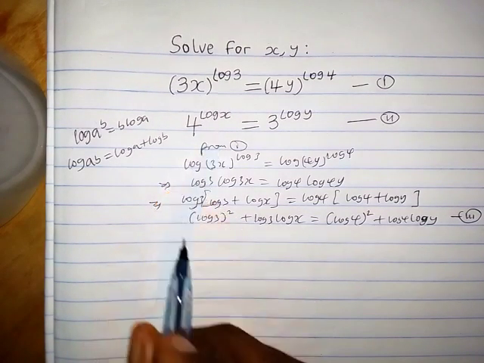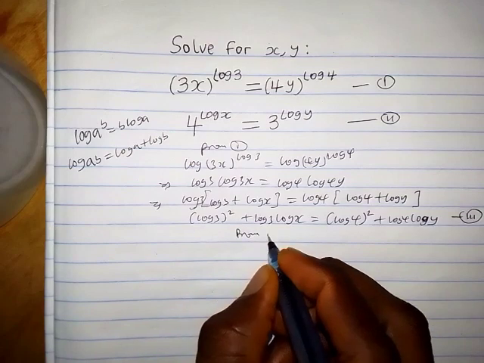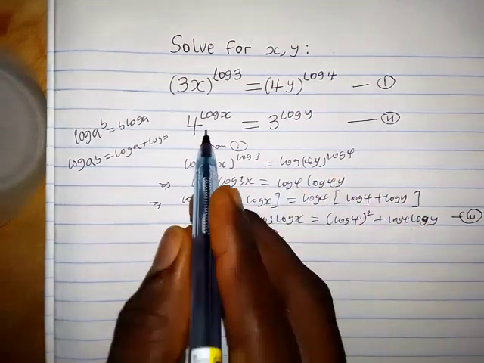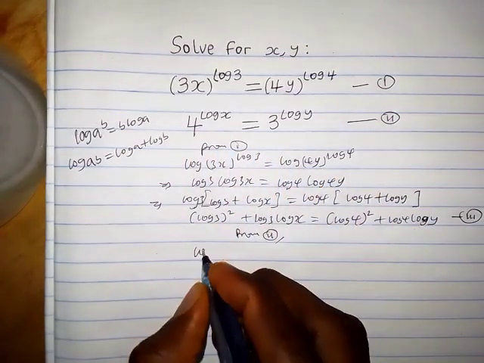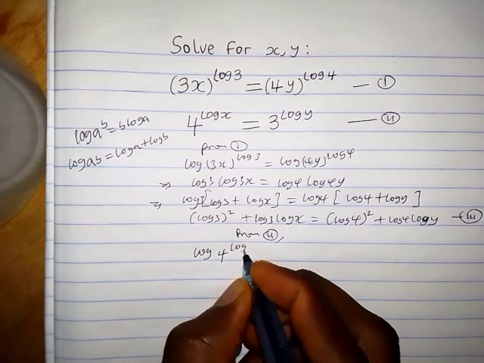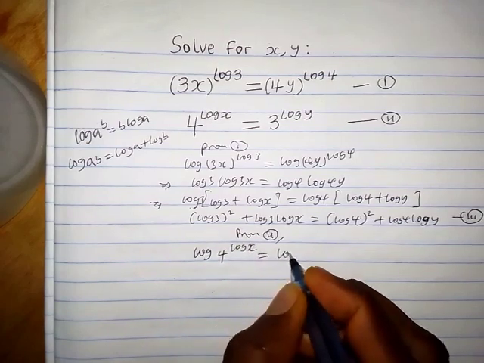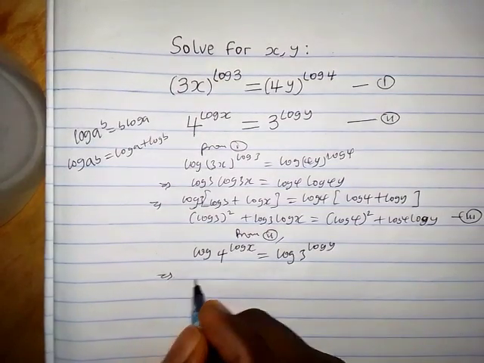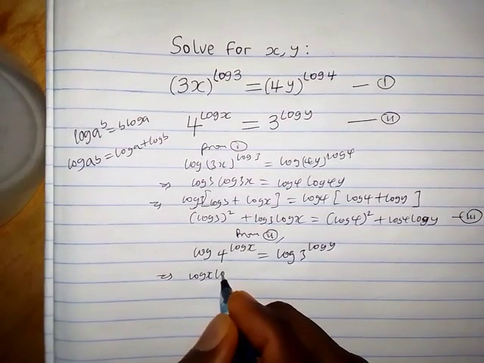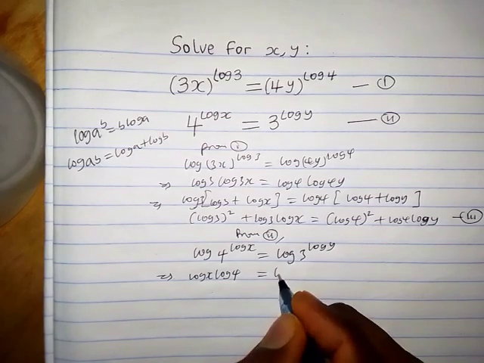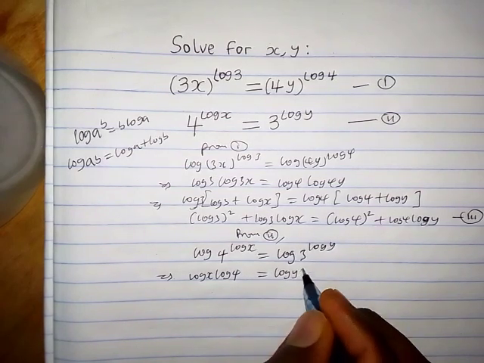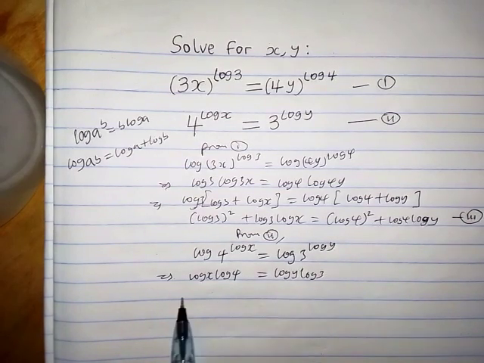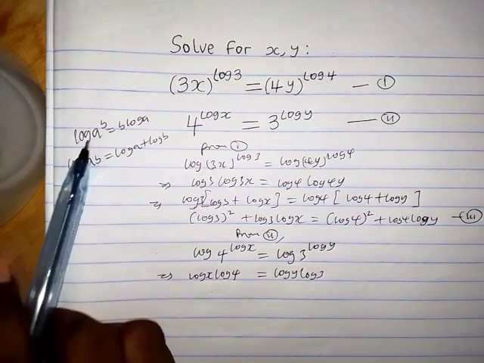From equation 2 also, we take natural logarithm of both sides, so we have log 4 raised to power log x equals log 3 raised to power log y. So this implies log x times log 4 equals log y times log 3, applying this property.